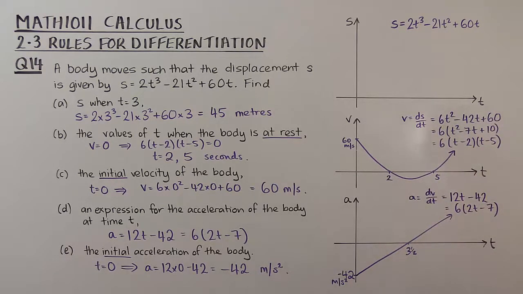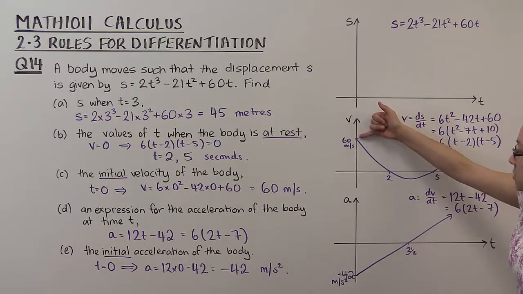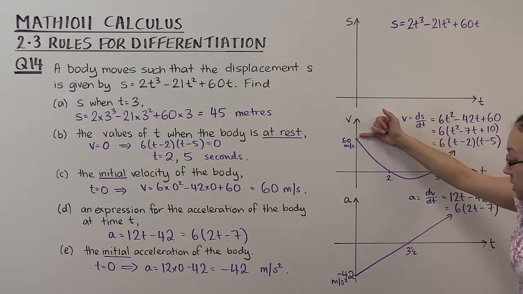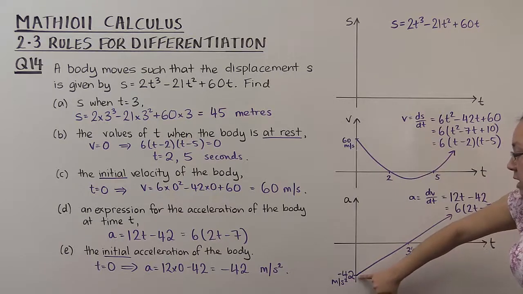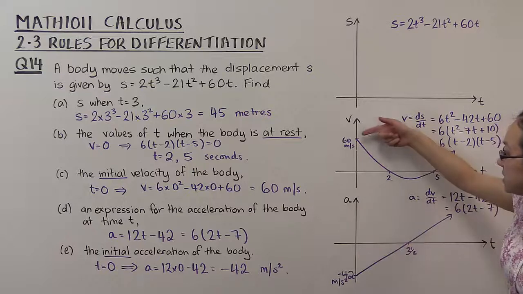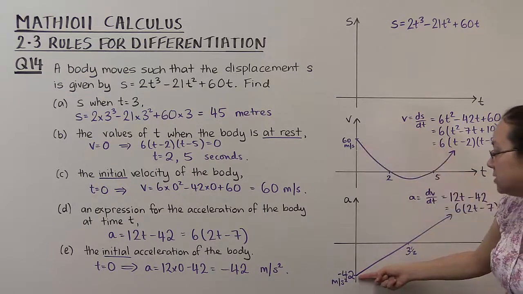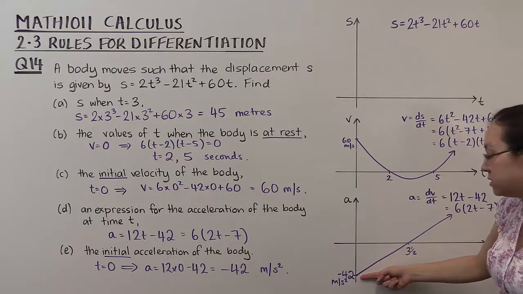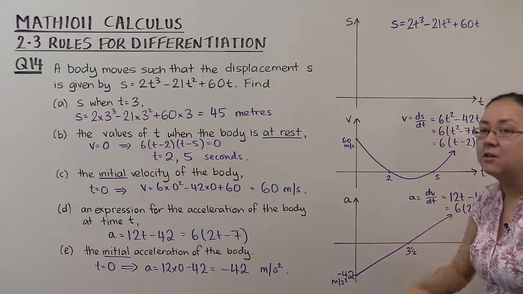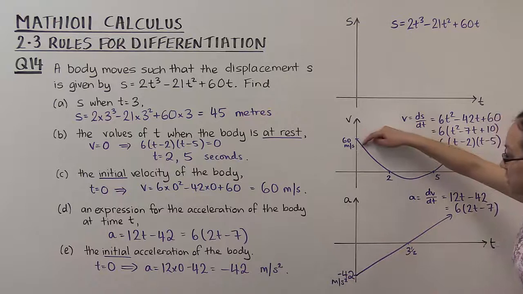So what's happening? Well, initially the particle is moving at 60 meters per second. But initially it has an acceleration of minus 42 meters per second squared. So that means it starts off at 60 meters per second, but straight away its velocity is changing at minus 42 meters per second every second. So that's why it's decreasing in its velocity.